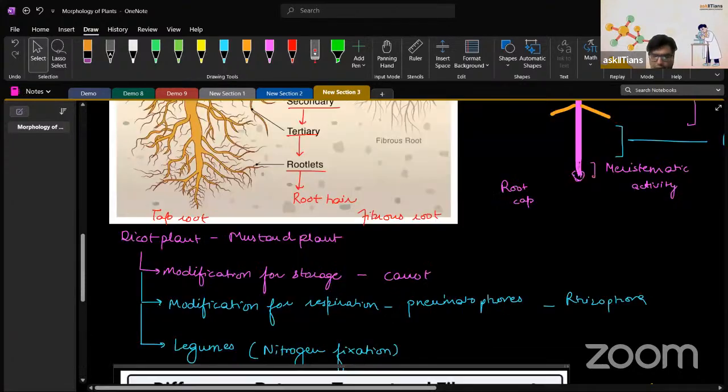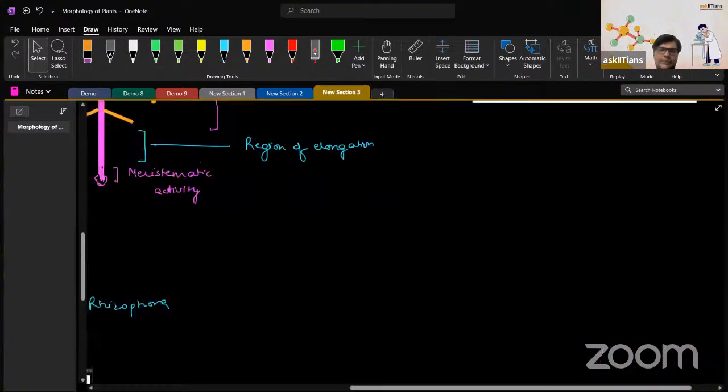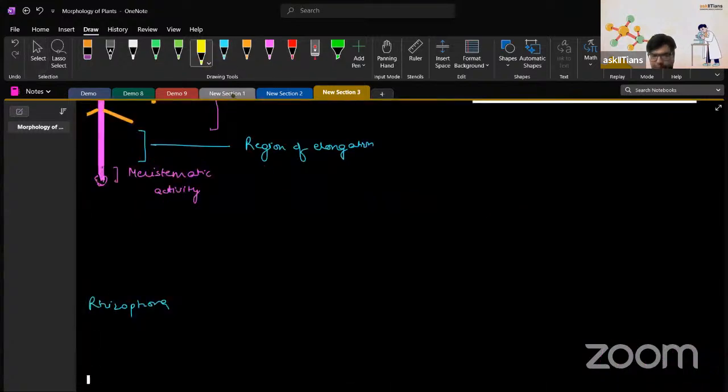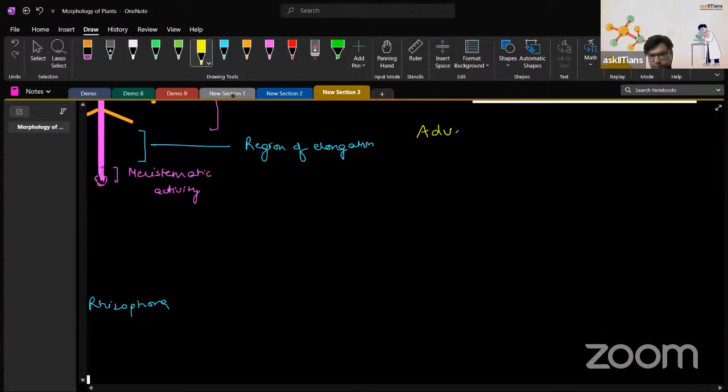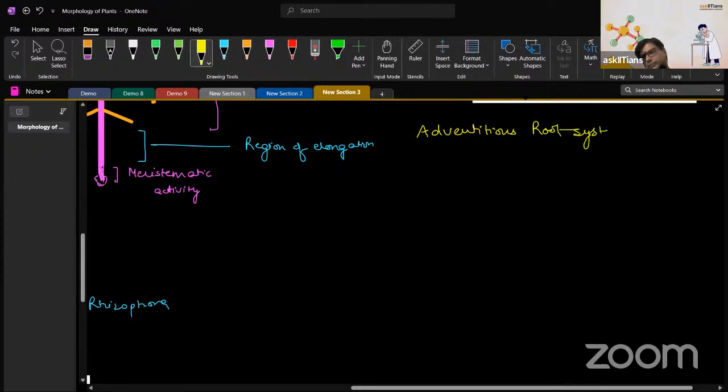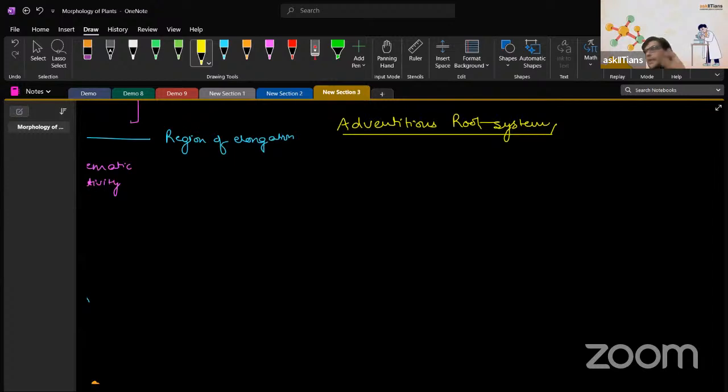Oh, sorry, we forgot to talk about the adventitious roots, right? Let's discuss them. So the adventitious root system. As I told you, there are two parts, the radicle and the plumule.